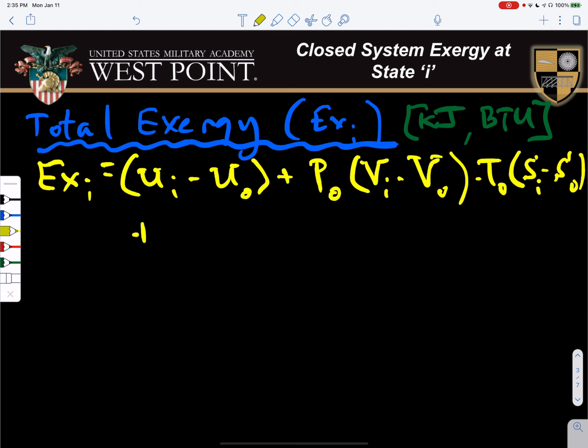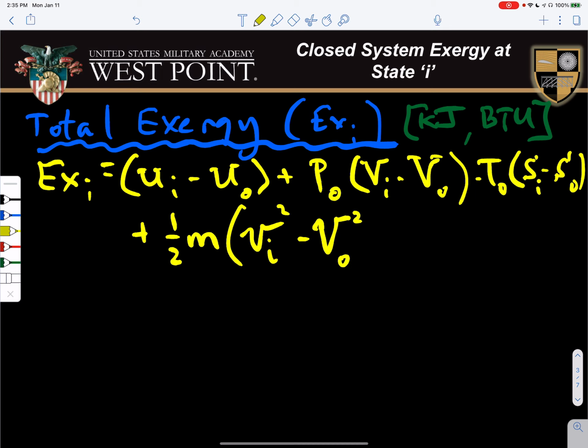Now we have our kinetic energy term, so we have 1/2 times the mass of our closed system, and we get the velocity of our system of interest compared with the velocity of the dead state. Now, as a rule, we will assume this is 0 unless it's somehow specified. Otherwise, we shouldn't have that case in this course. And then likewise, we have mass, gravity, and a difference in potential energy.